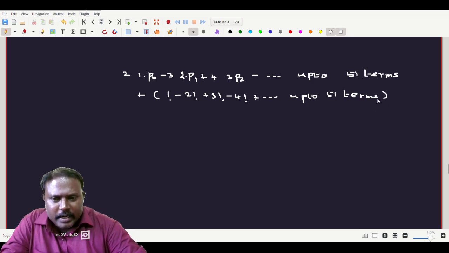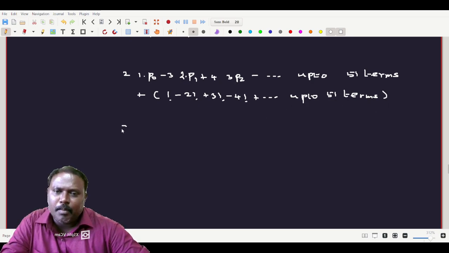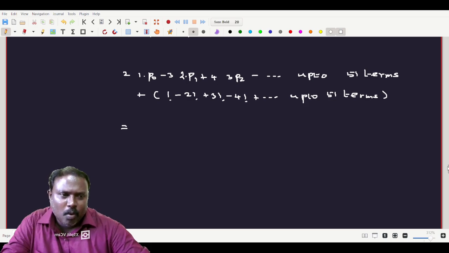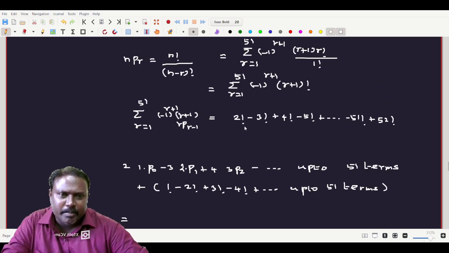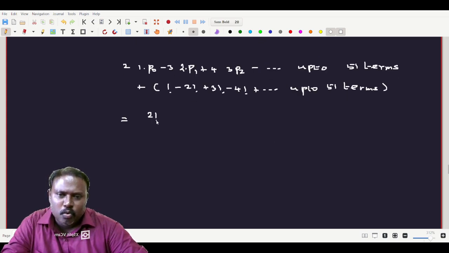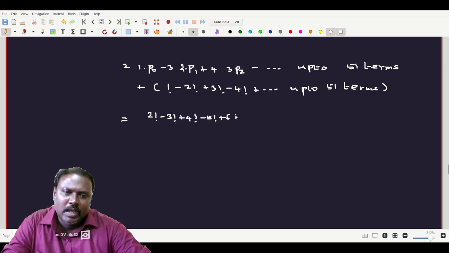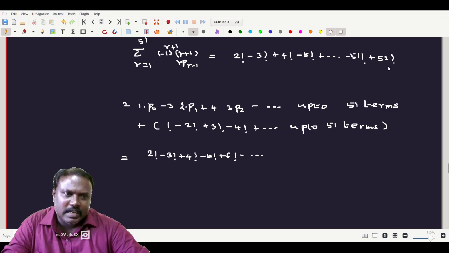Now look at, I have calculated this sum. What about this sum? This sum is nothing but from 2 factorial to 51 factorial alternately. So that is 2 factorial minus 3 factorial plus 4 factorial minus 5 factorial plus 6 factorial minus, etc. Last term, let us see the last term, 52 factorial: minus 51 factorial plus 52 factorial.